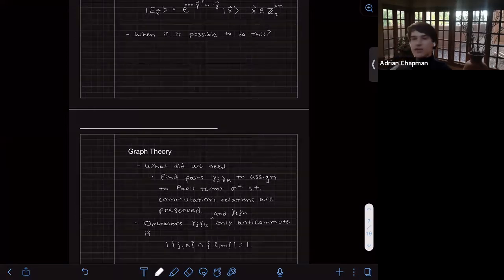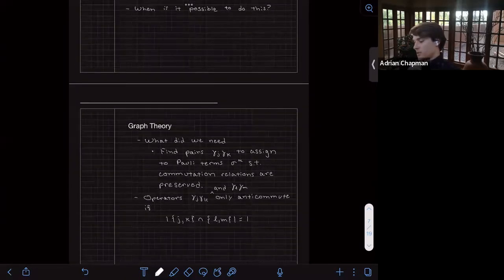So to have a common mode, then that mode will anti-commute with the other mode in the other pair. And if they don't overlap, or if they're the same operator, then they commute. So only if they share precisely one mode do they anti-commute.